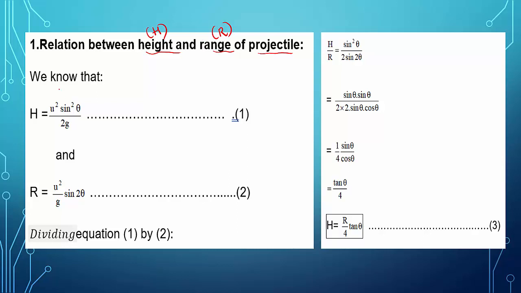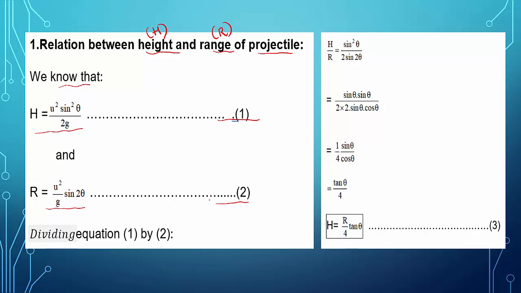Yes, we know that the maximum height is given by the equation u square sine square theta divided by 2g. This is maximum height equation we already studied. And horizontal range is given by the equation u square by g into sine 2 theta. Let us take it as equation number 2.